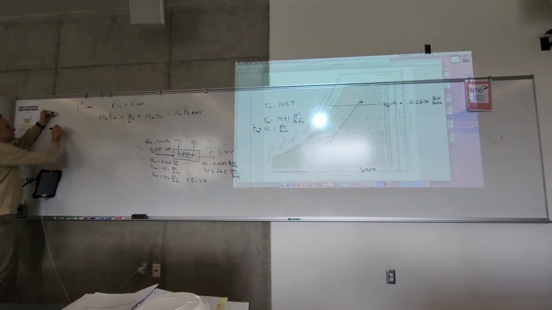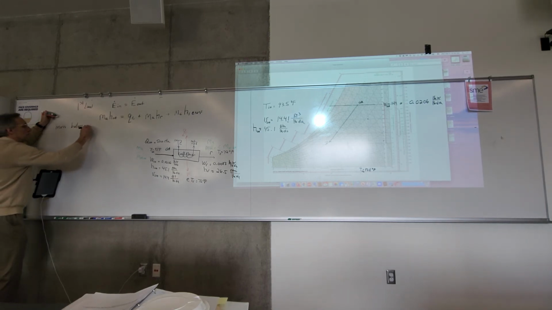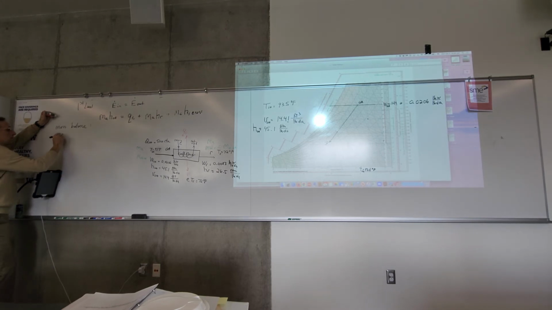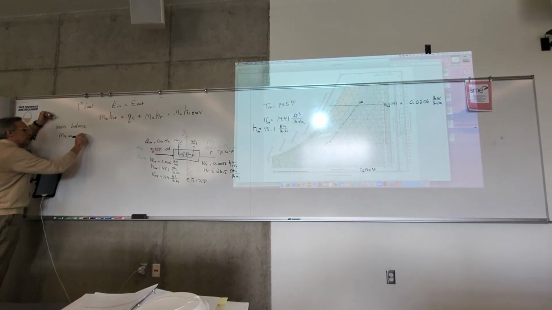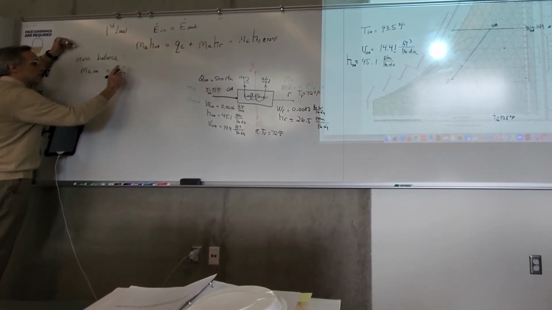Now our mass balance. We have mass of air going in. We can write it, if we want to do this formally, as mass of air in the outdoor air plus nothing. We're not adding or taking away any air, and that's equal to the mass of the dry air coming out.